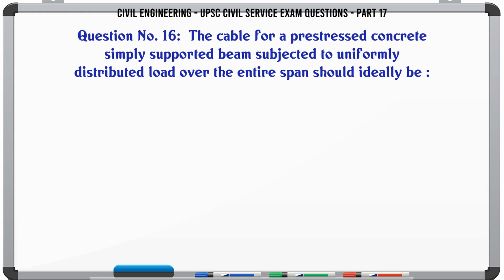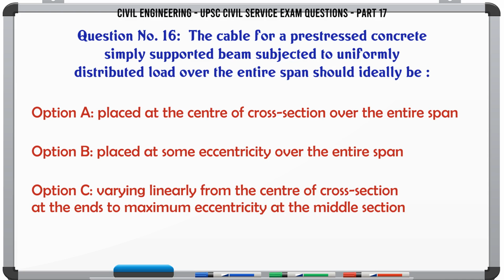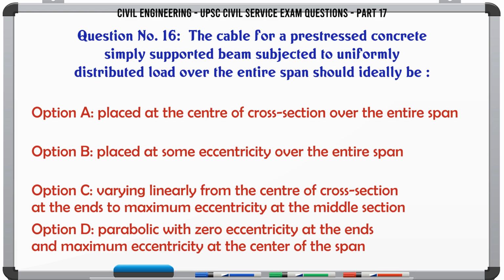The cable for a prestressed concrete simply supported beam subjected to uniformly distributed load over the entire span should ideally be A. Placed at the center of cross-section over the entire span. B. Placed at some eccentricity over the entire span.